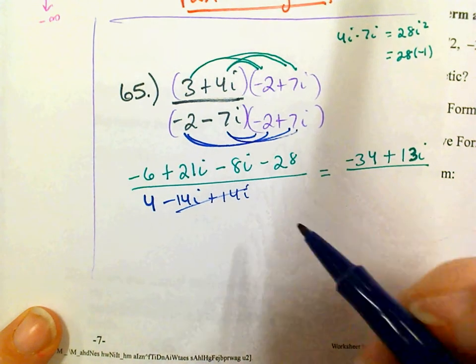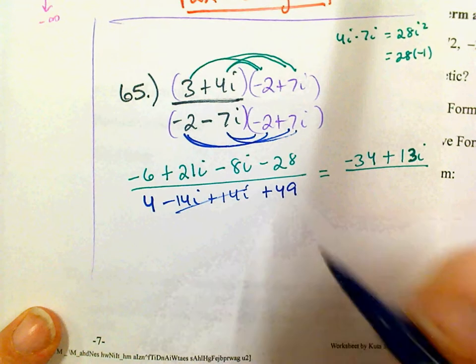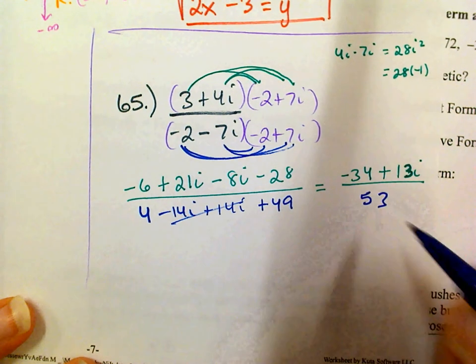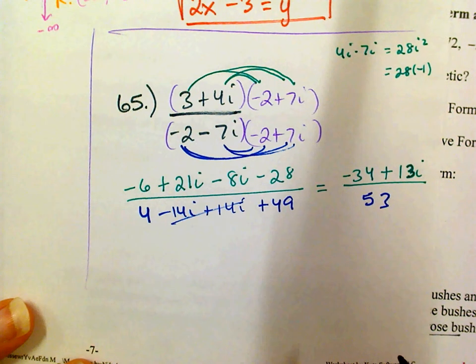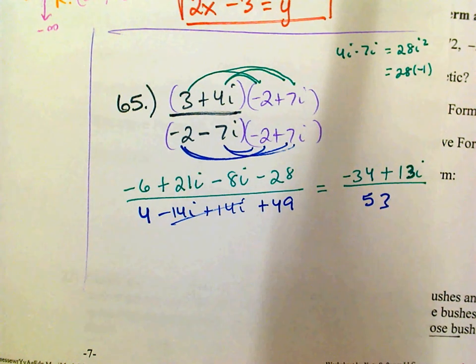What's 49 plus 4? 53. They all have a 3 in them. Can I cancel the 3 out? No. I'm just kidding. I'm being stupid. No. Okay. 13's prime. 53. Oh, is 53 prime? I think so. So, we're done.